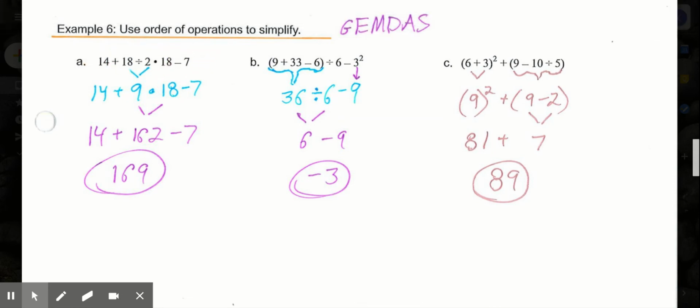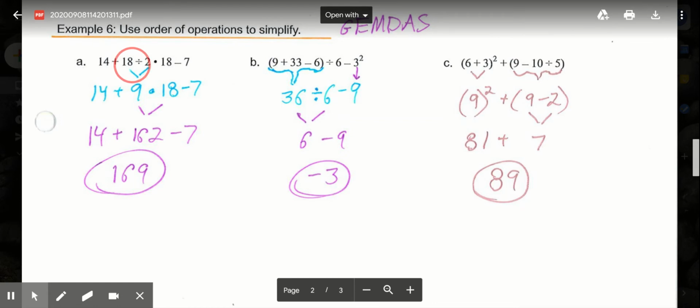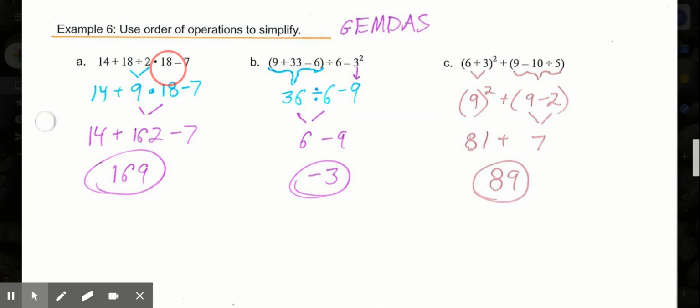So now I can move into multiplication and division going left to right. So the first thing left to right that I get is division. So I'm going to bring down the 14 plus, 18 divided by 2 is 9, and then bring down the rest that I didn't use, multiply by 18 minus 7.